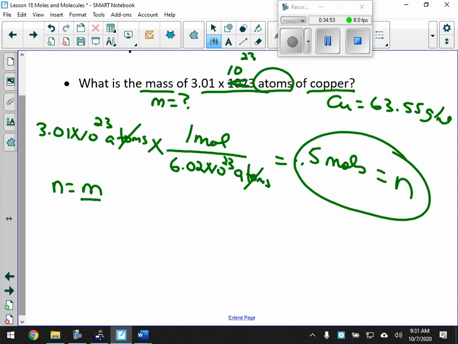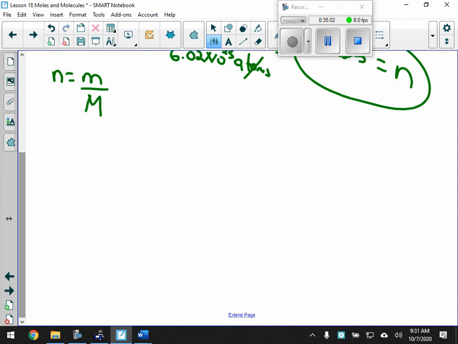Now we're in the middle, and we're trying to do this. We're going to rearrange this so that we solve for little m. Cross multiply, yes? Or multiply both sides by big M if you want. Okay, that was yesterday's homework, yes. Okay, and we just stick the numbers in. Look, we have 0.5 moles.